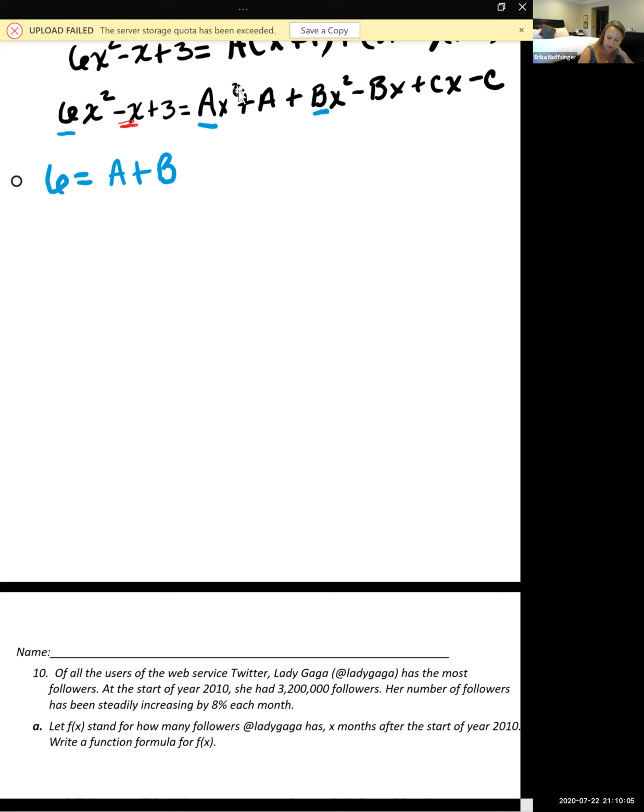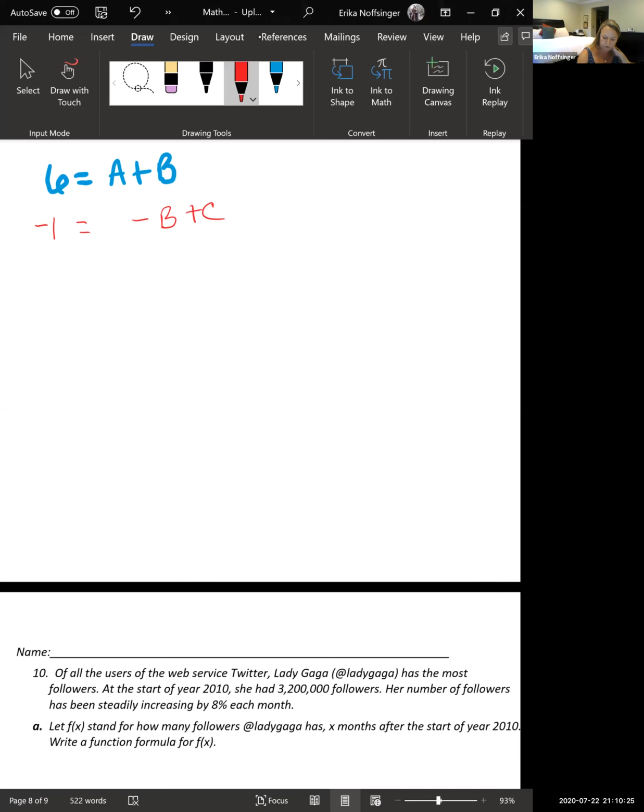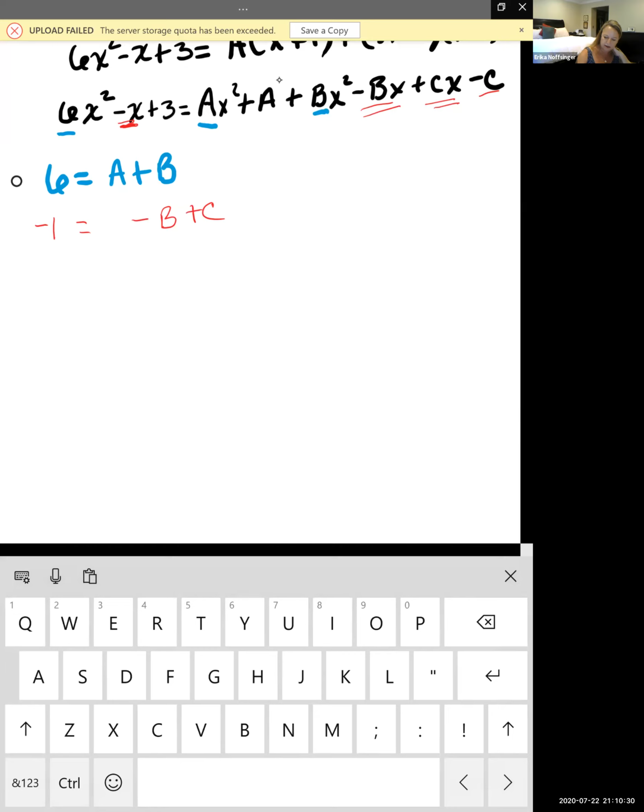Our coefficient is -1. This is equal to negative Bx plus Cx, so negative B plus C. And then let's look at our constant. Our constant is negative C and A. Our constant over here is 3. So notice that 3 is equal to A minus C.